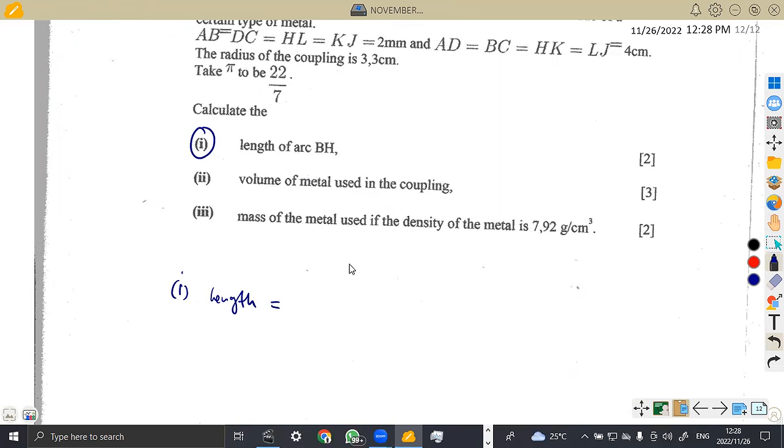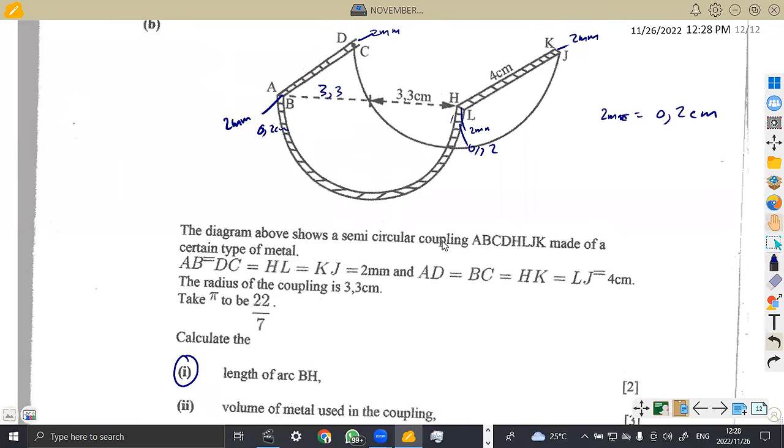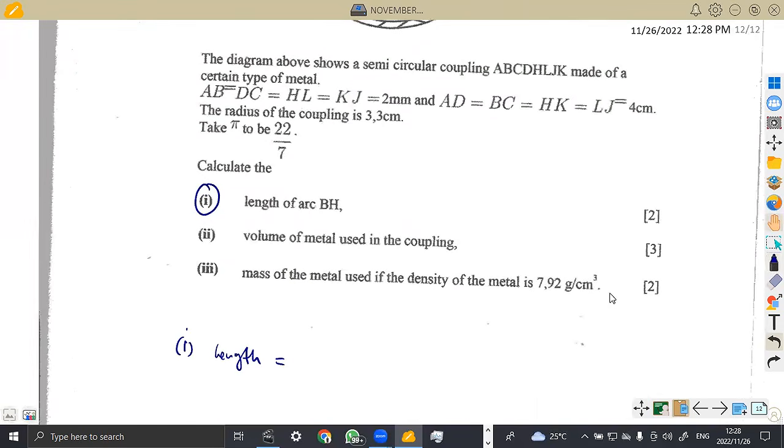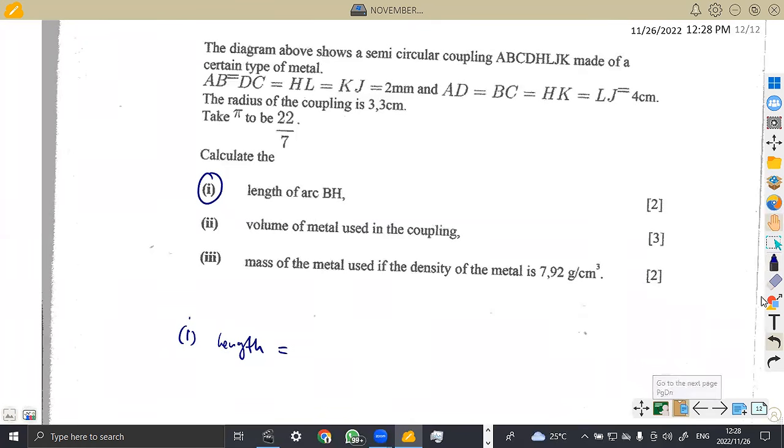So in this case, for us to have the length of arc BH here, the length of arc, we need this length of arc here, the BH. So we know that we are supposed to use pi r like this. Okay, so let me write the formula so that I do not confuse you, times 2 pi r. But this is a semicircle, it's a straight line, so it's just half of that.